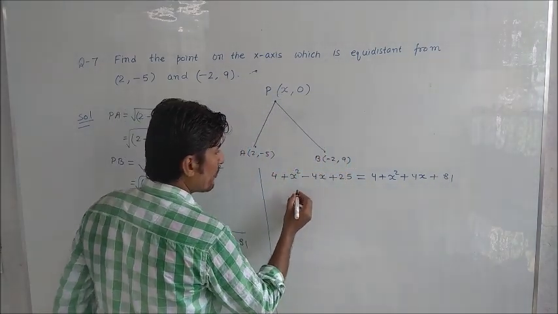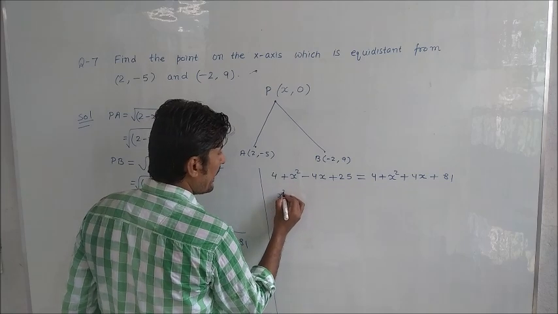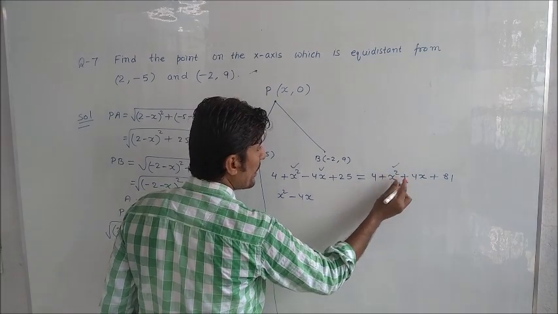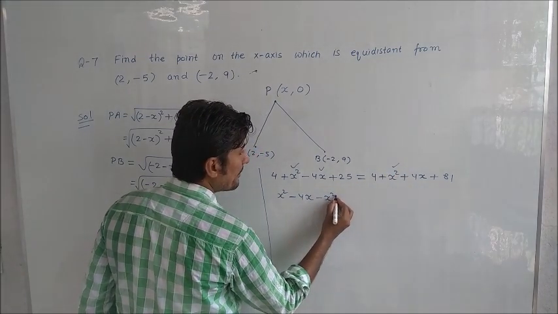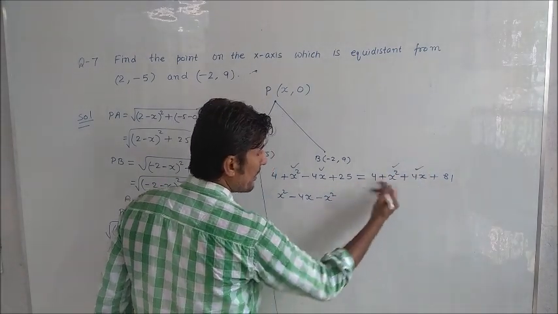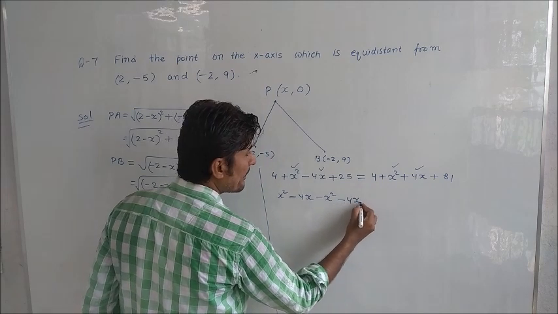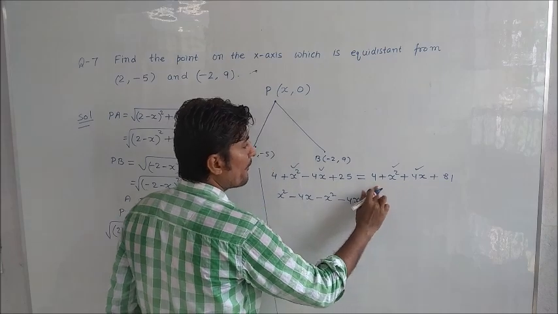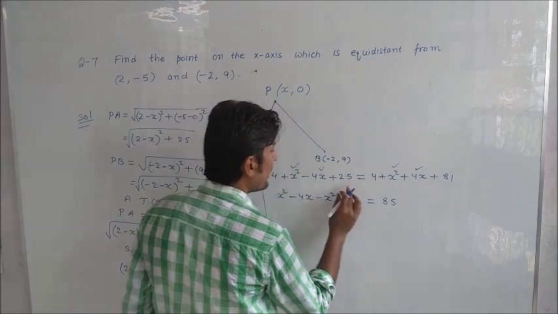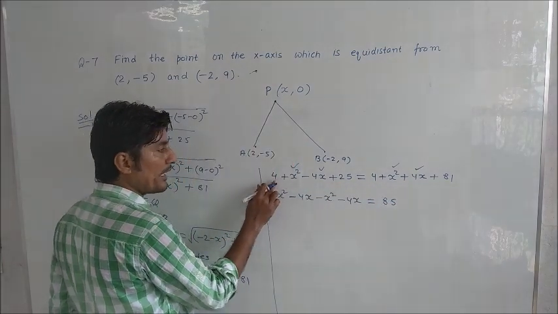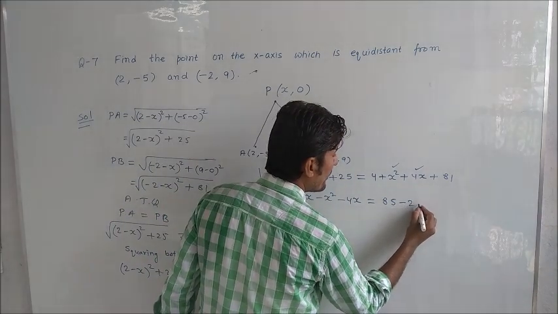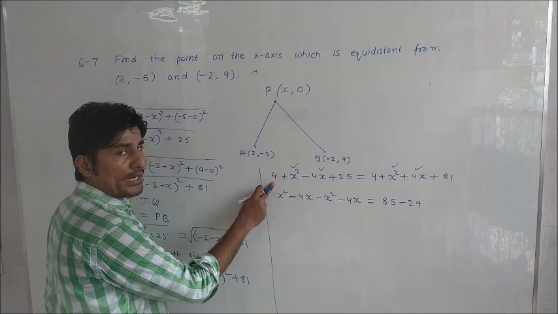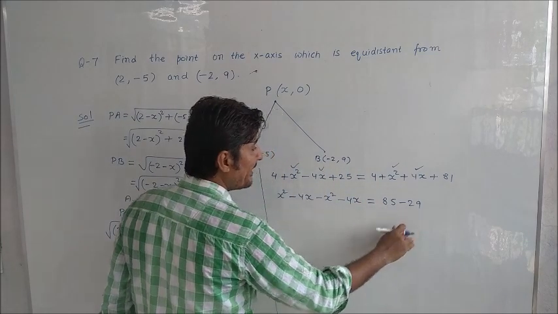After that we can solve it. x square will be as it is, minus 4x will be as it is. This x square we can bring to this side, so minus x square can be written. This 4x will come to this side, so minus 4x minus 4x is equal to 81 plus 4 equals 85, and here 25 plus 4 equals 29, so we can write 29 here in negative form.